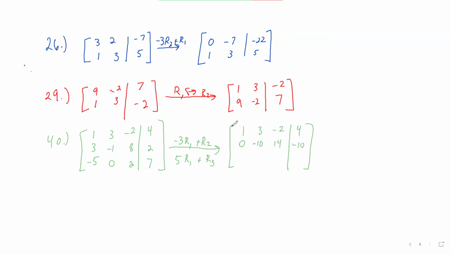Then do the same thing here, again using row 1. 5 times 1 is 5, plus -5 gives me 0. 5 times 3 is 15, plus 0 is 15. 5 times -2 is -10, plus 2 gives me -8. 5 times 4 is 20, plus 7 gives me 27.